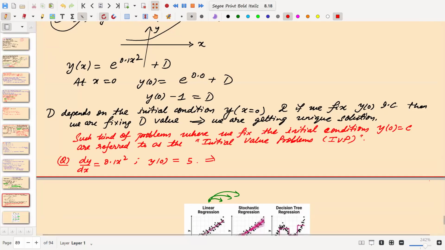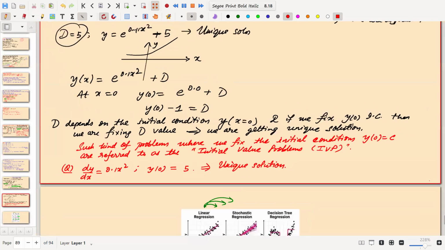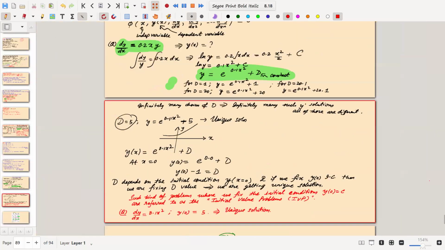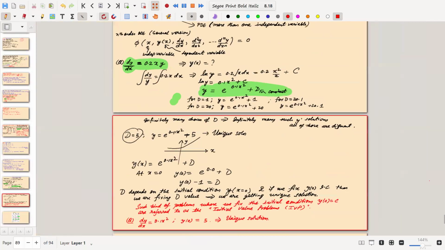Then this will give a unique solution. Good. So now you know how we can handle differential equations, how it can give you a unique solution, and when it can give you infinitely many solutions. Now you know.